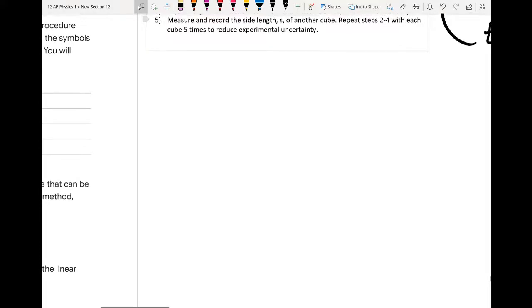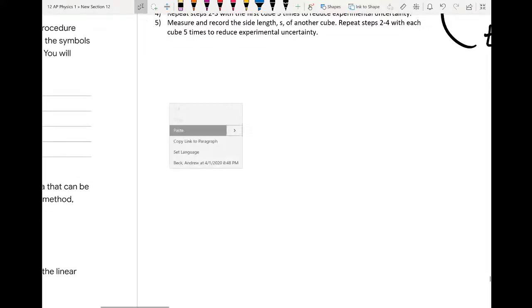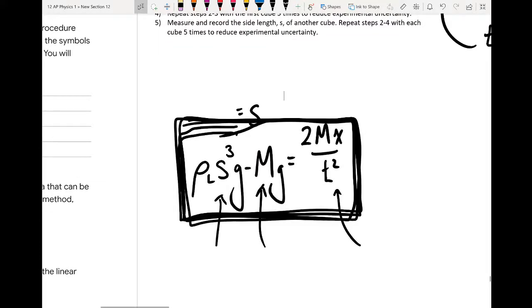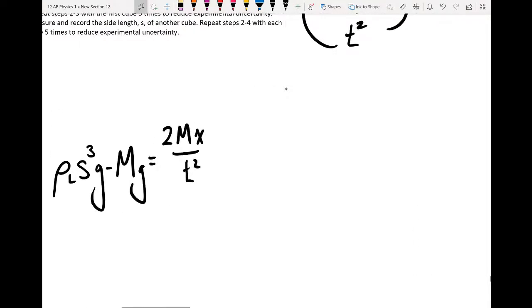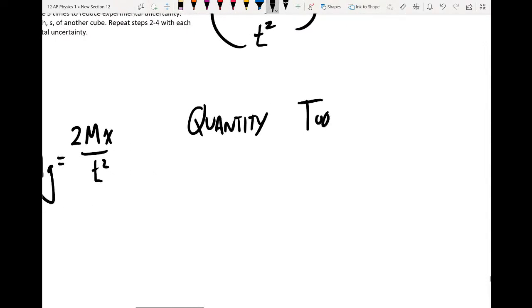So here, what the College Board has been doing for the last year, and I think it's very helpful, and I think they'll stick with this, is they provide a table, and they have you say, okay, this is the quantity to be measured, the tool, and the symbol.